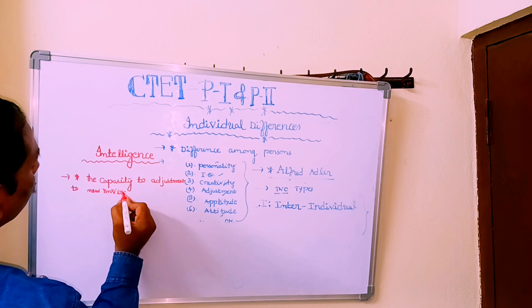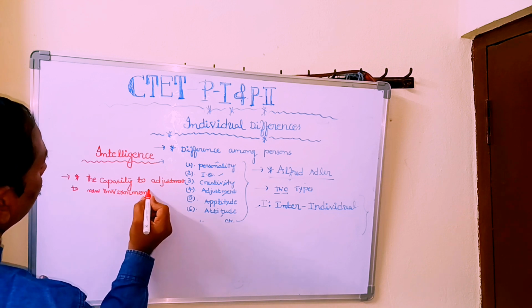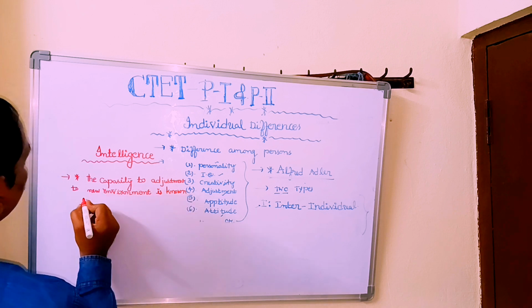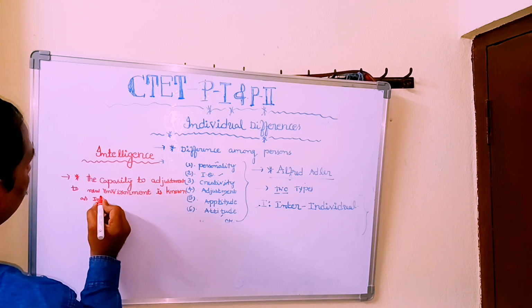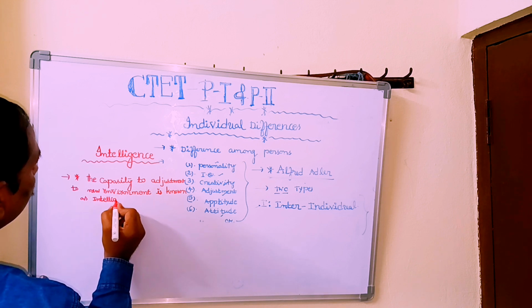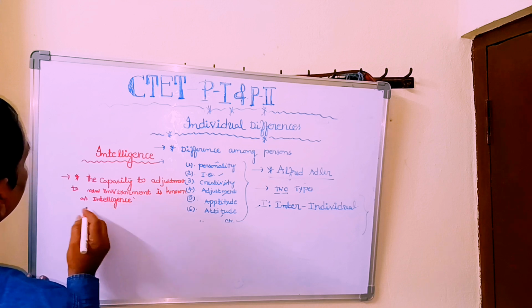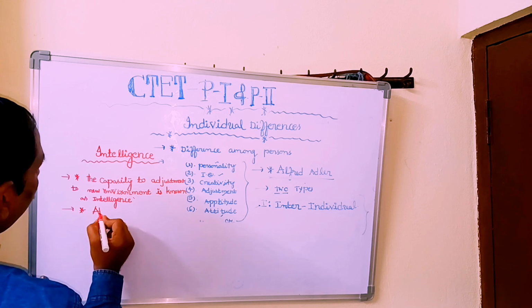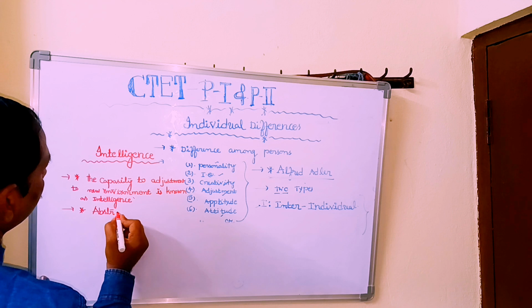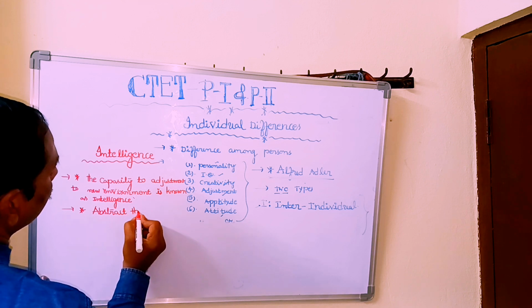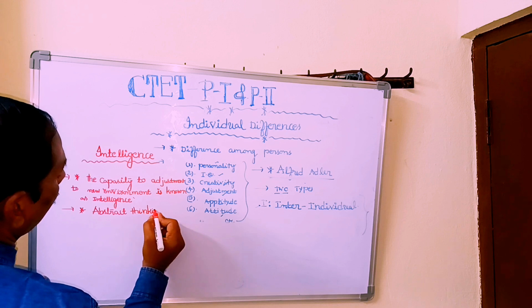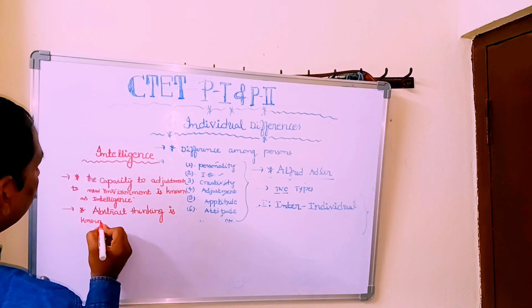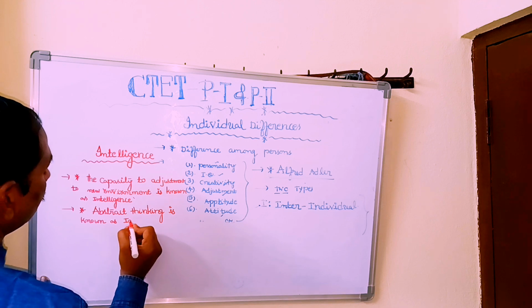The capacity for adjustment to a new environment is known as intelligence, or abstract thinking is known as intelligence.